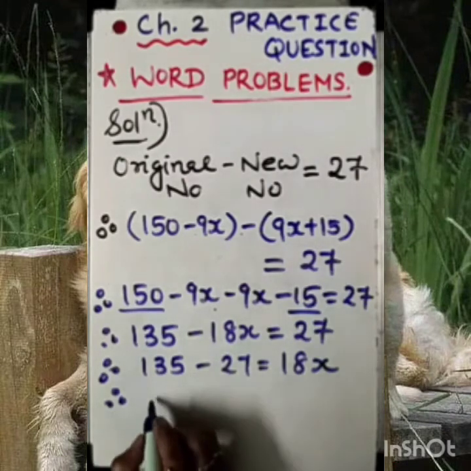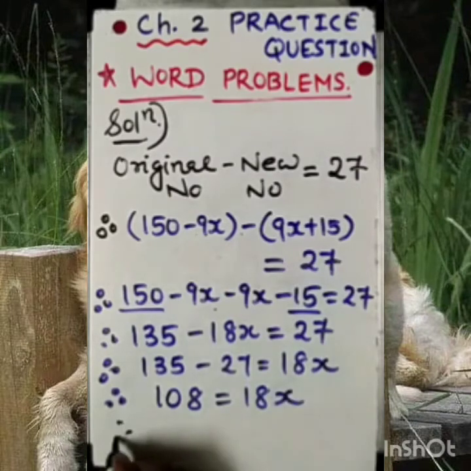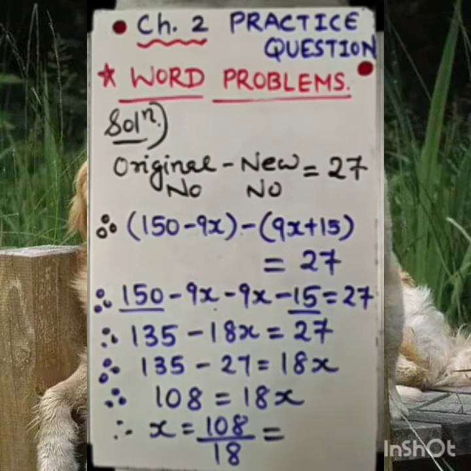Of course, it is 108. 108 equal to 18x. Therefore, x equal to 108 upon 18. We know very well 18 6s are 108. So, dear student, the value of x is coming 6. x equal to 6 we are getting.